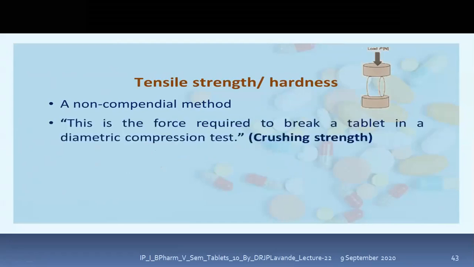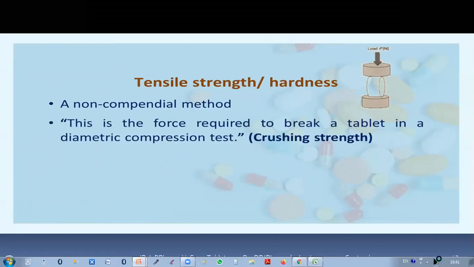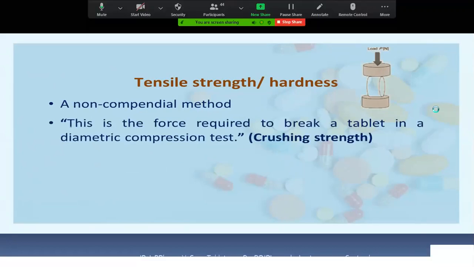This is the force required to break the tablet. What the hardness or strength is, it is nothing but the force required in order to break a tablet in a diametric compression test. What is the diametric compression test? The tablet is compressed across its diameter, across its largest length.